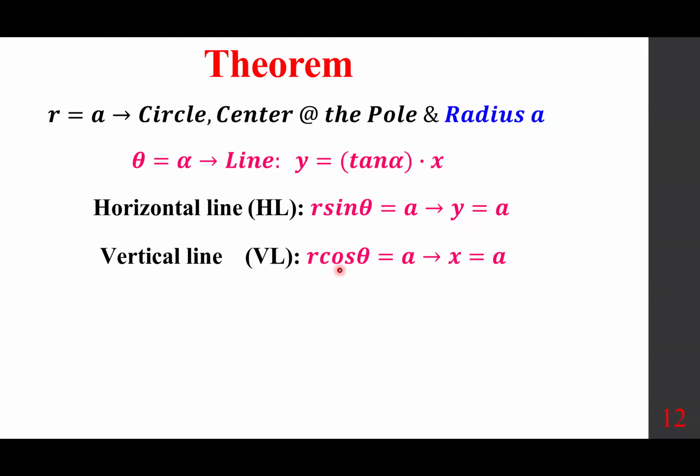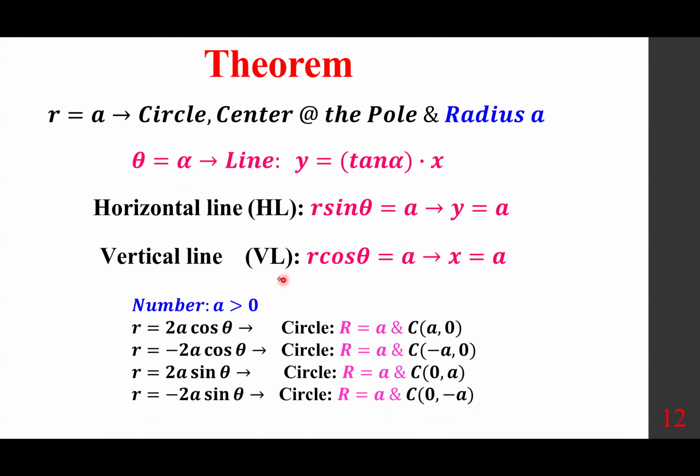Then x equals a in rectangular coordinates. x equals a is the equation of a vertical line. So r equals a is a circle, theta equals alpha is a line through the origin. r sine theta equals a number is a horizontal line. r cosine theta equals a number is a vertical line.